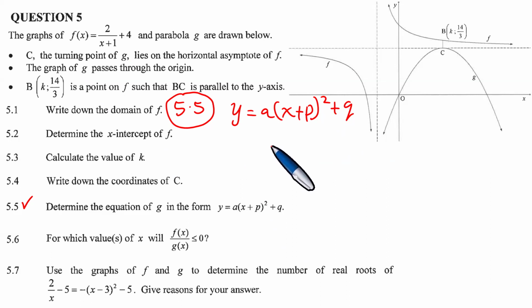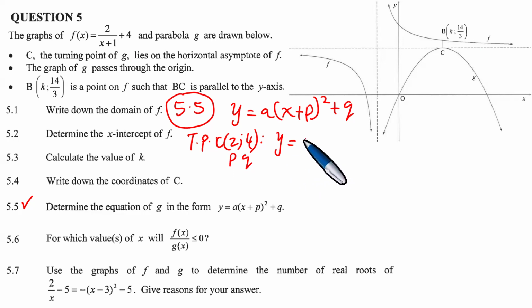Now, a couple of things are very important. The parabola has the turning point C, and C has the coordinates (2, 4). So this gives p and this gives q, so that we can say it is y equals a(x minus 2) squared plus 4.